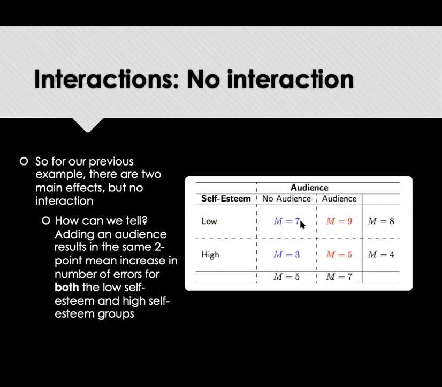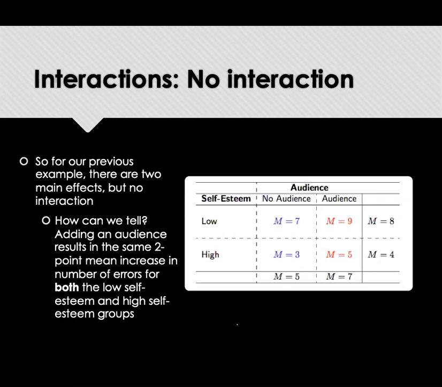So whether you have low or high self-esteem, adding an audience results in a 2-point average increase in the number of errors. So when a difference in one variable, audience, is the same across the levels of the other variable, there's no interaction effect.